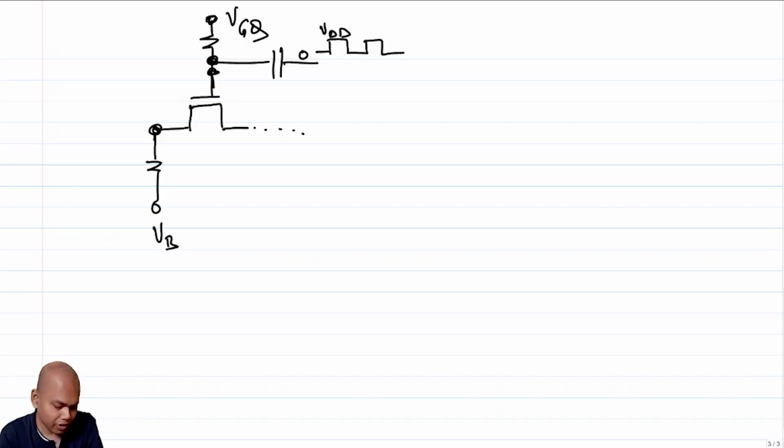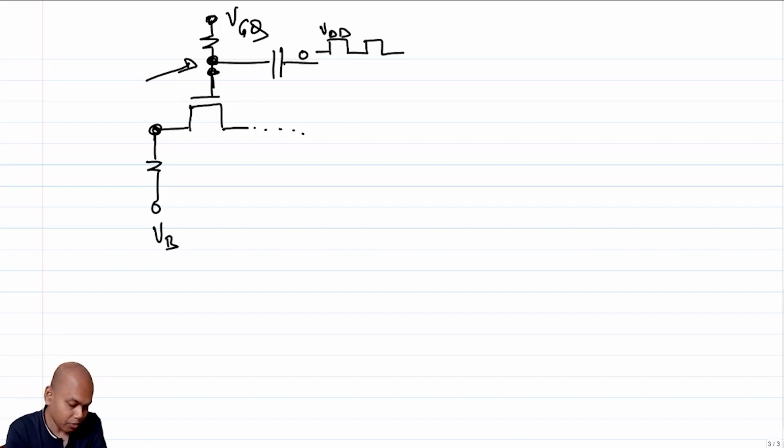So how do you decide what should be VGQ? So note that what will be the voltage at this point? It might seem like the quiescent voltage at that point is VGQ, right? Which indeed it will be.